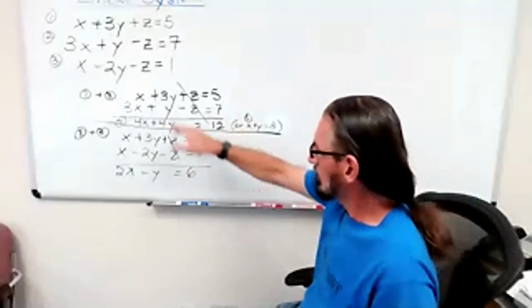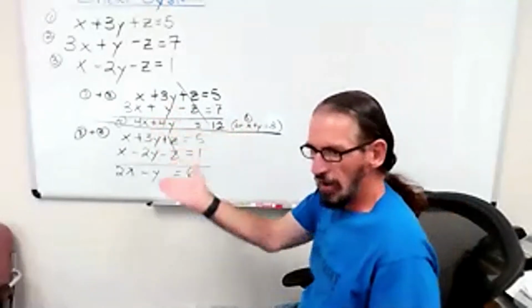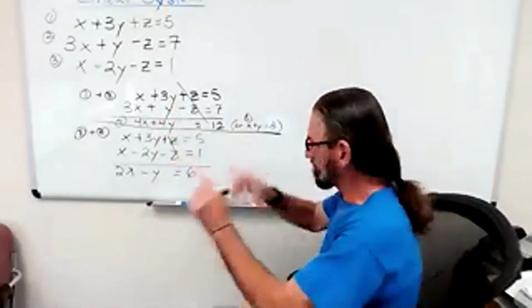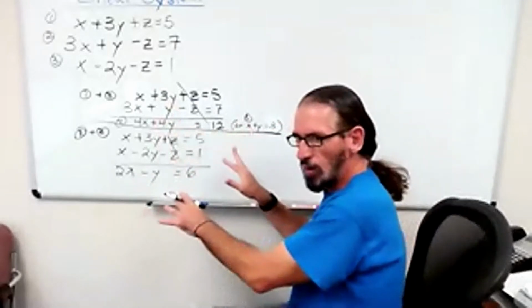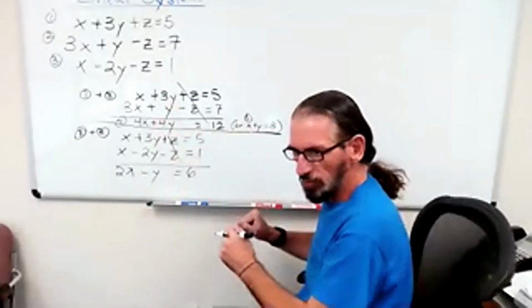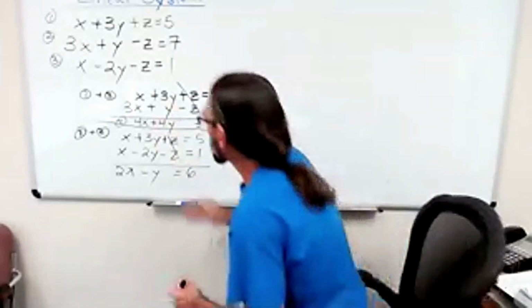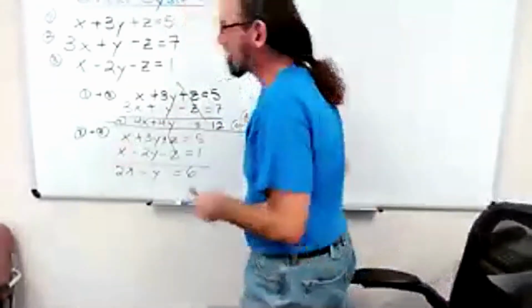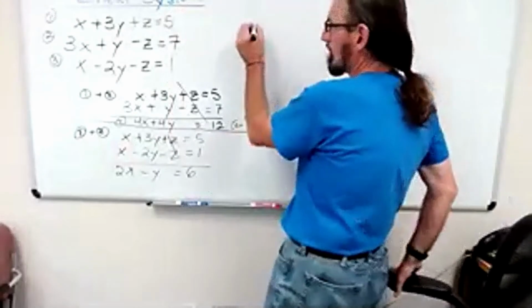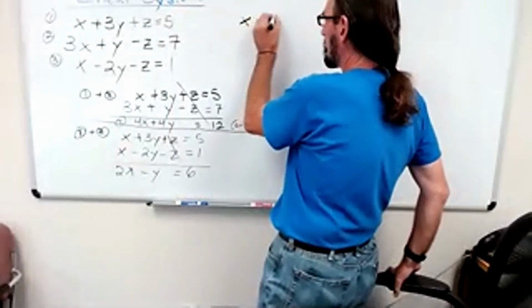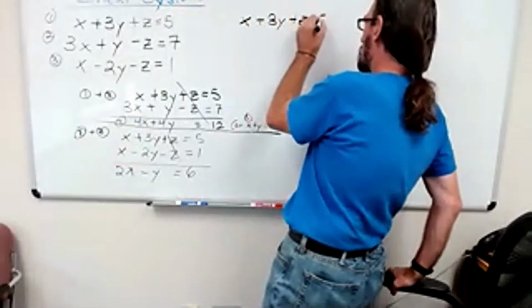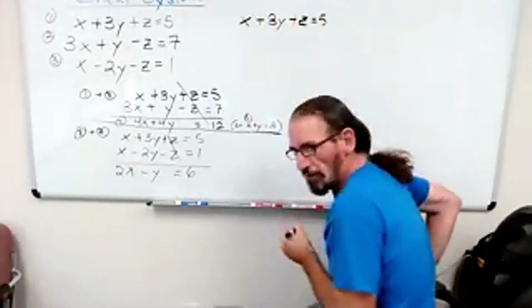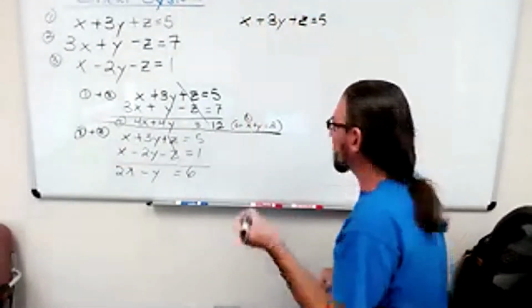Two equations where I've had z canceled out from both, so we only have x and y as our variables. Put those together along with our working equation 1 to come up with our new subsystem that has a 2 by 2 subsystem inside it.